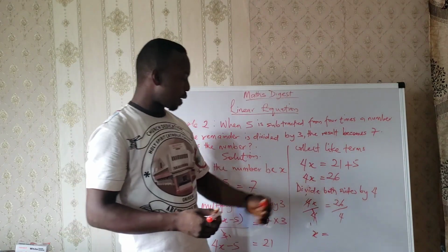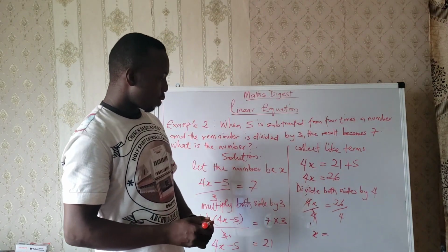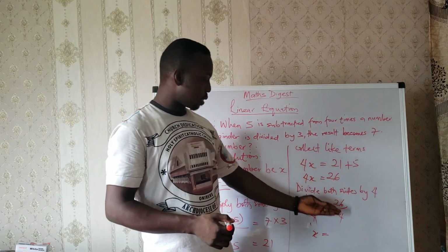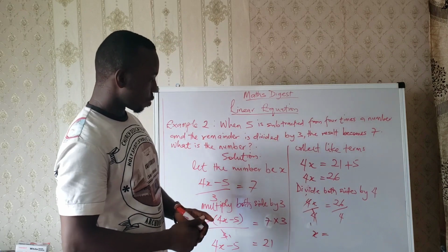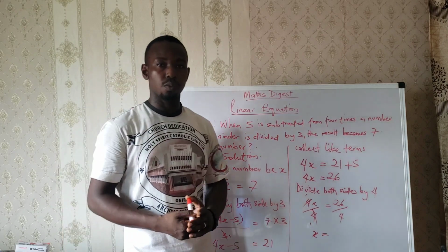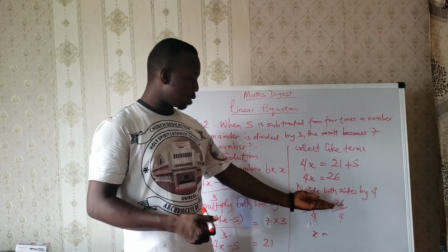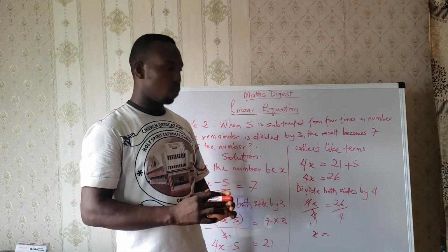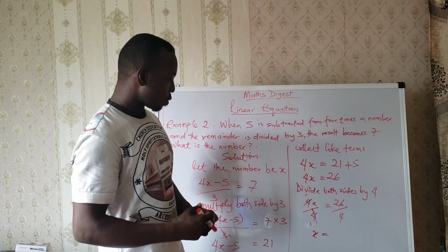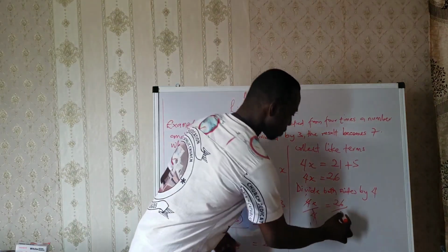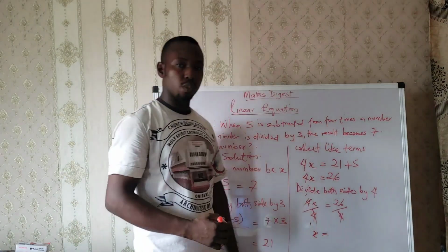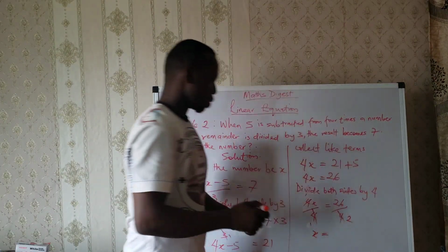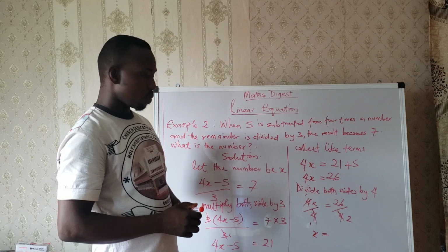Now, coming to the right hand side, we're going to divide the numerator and the denominator by 2. This is actually the answer, but we have to reduce it to the lowest minimum. When you divide the denominator by 2, we have 2.